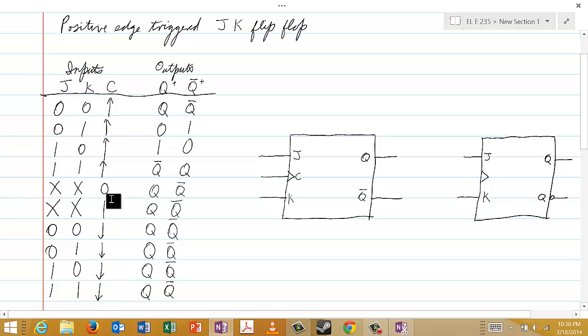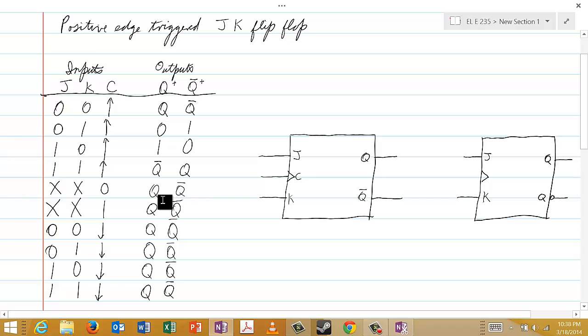In any of those cases, you can do anything you want to with J and K, and it won't make any difference. The next value of Q will still be the present value of Q, and the next value of Q complement will be the present value of Q complement for all 6 of those cases.